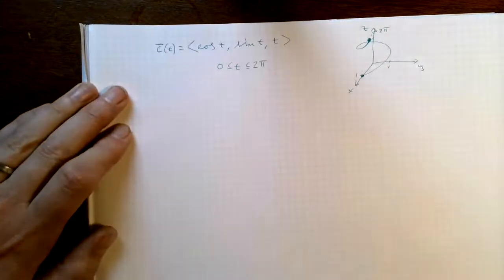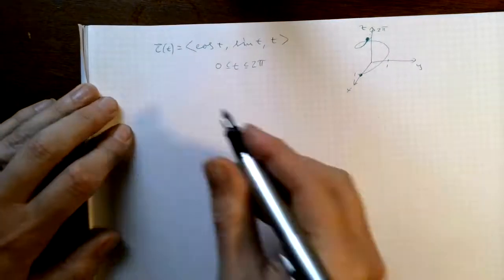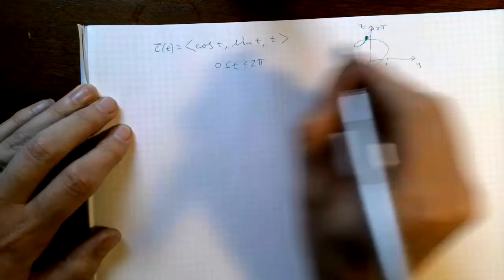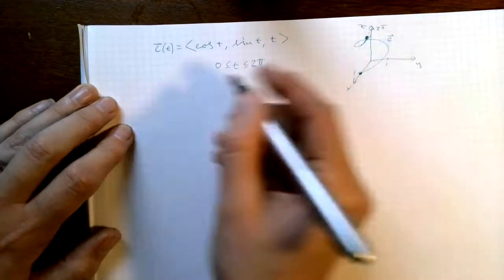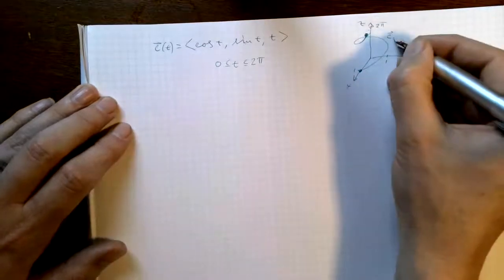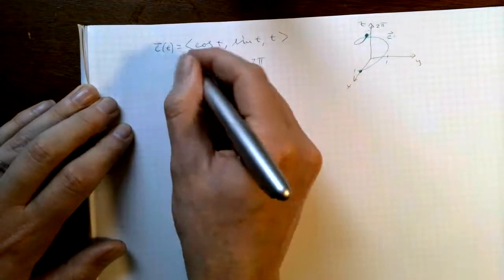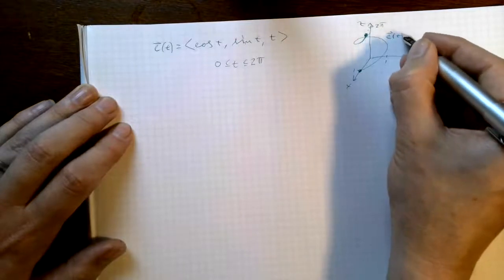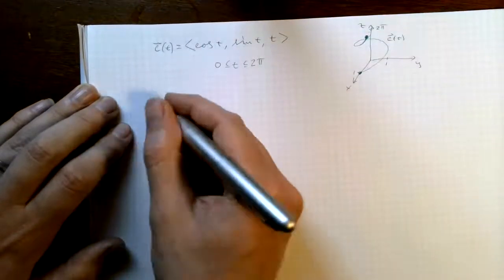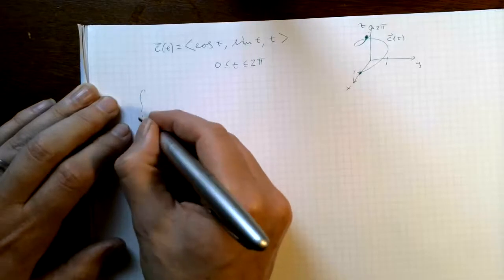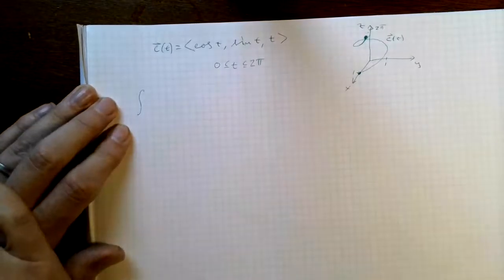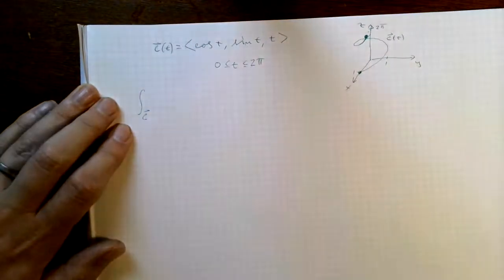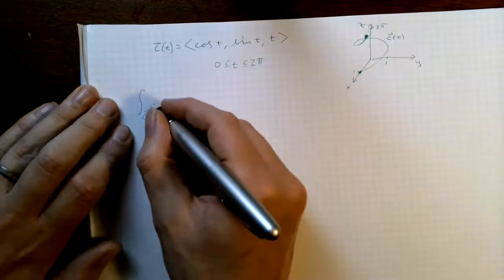And let's integrate something. Let's suppose this is my C. So C is given by this parametrization of this curve. And sometimes if we don't give another name to the curve, you can just write C over here.